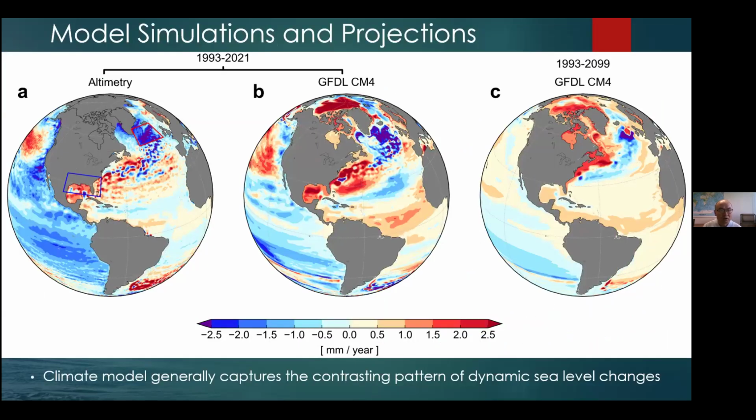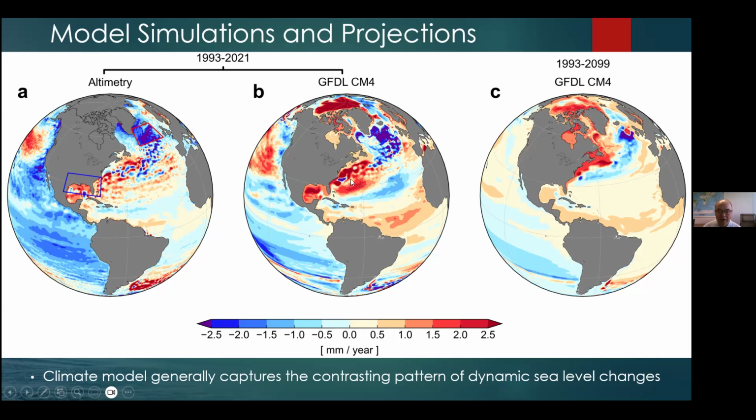So next, I want to compare the observation with model simulations. Panel A is the linear trend of altimetry data for 1993 to 2021. There is a contrasting pattern in the North Atlantic. Panel B is the simulation and projection by the GFDL-CM4 global climate model to generate this linear trend of dynamic sea level.